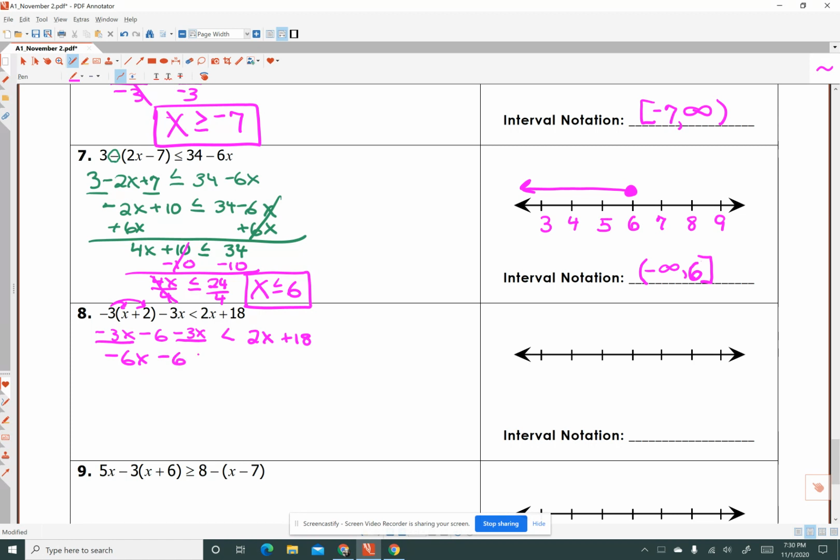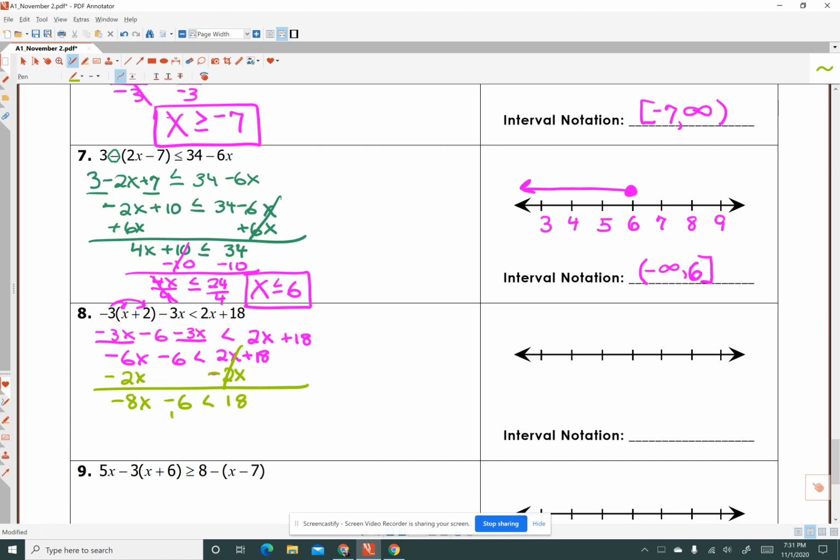Then we have our minus 6 is less than 2x plus 18. Let's subtract 2x from each side, move the x's to the left. Negative 6x minus 2x is negative 8x. Minus 6 is less than 18.